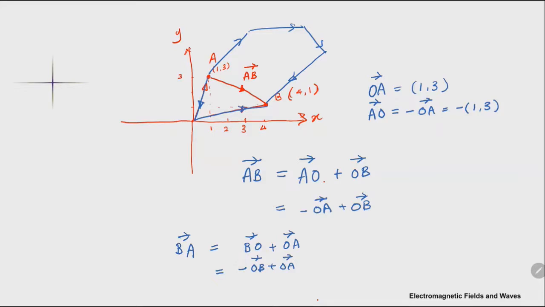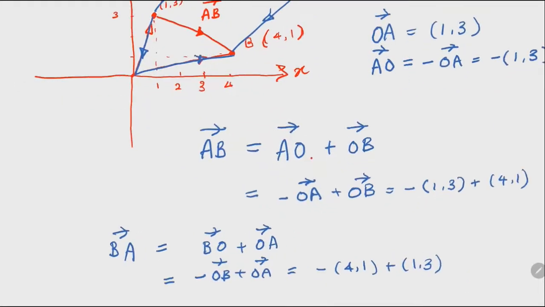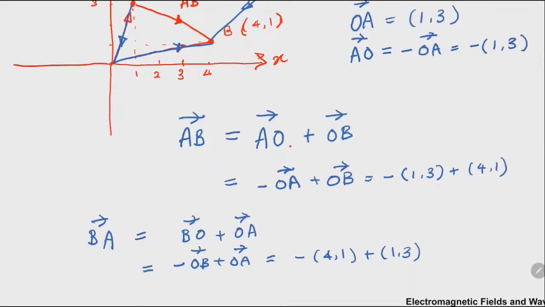To complete this, this will be minus my 1, 3 plus my 4, 1, and this will be minus my 4, 1 plus 1, 3. This is the common mistake that I found in the tutorials that were submitted: you get which minus which wrong. Quite often people get it wrong, and you end up with the negative of the vector that you intended to have.